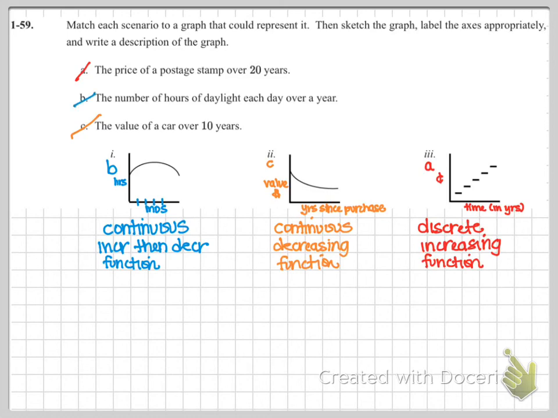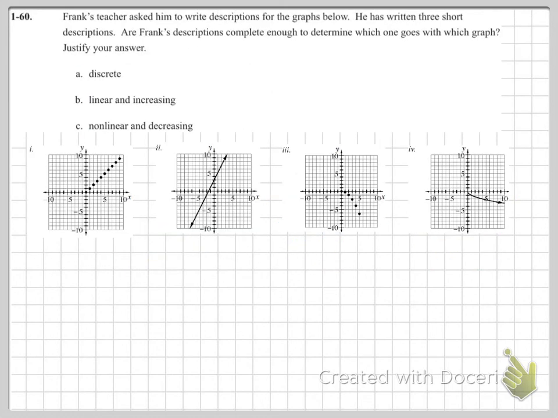Okay, let's take a look at 1-60, and this is going to be the last one that we do. This one is fairly straightforward, I believe. We have these 4 graphs, and Frank has given very succinct descriptions, and we have to determine if this is enough to figure out which one is which. Frank says the graph is discrete.